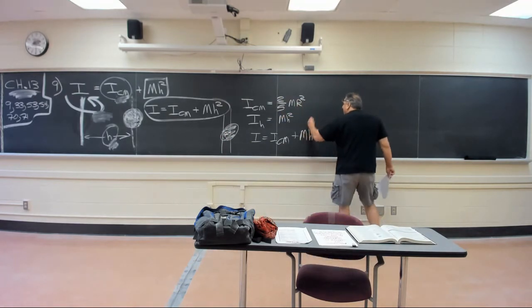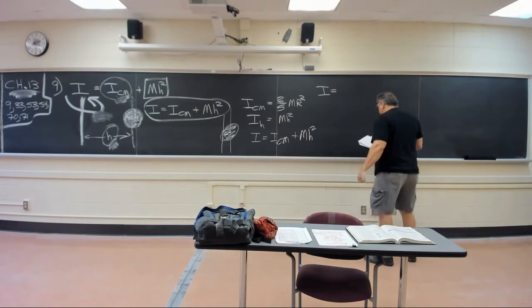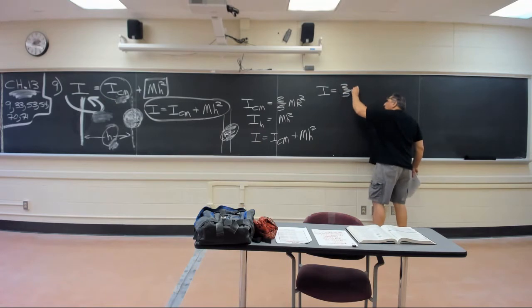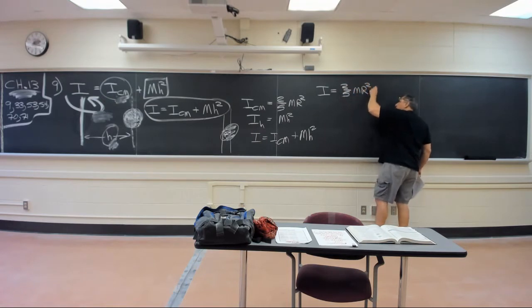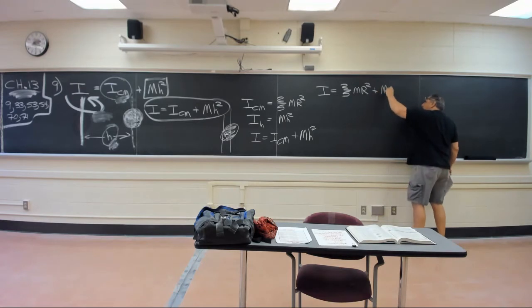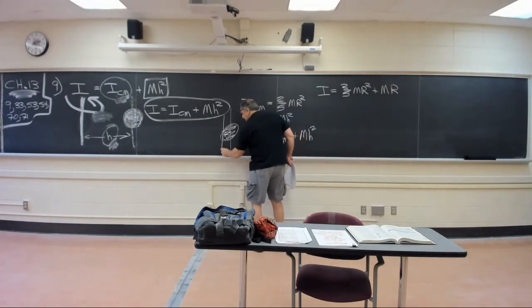The way that plays out is I_CM, center of mass, plus mh squared, that's m, the h is an R. That's the distance right here, you guys.